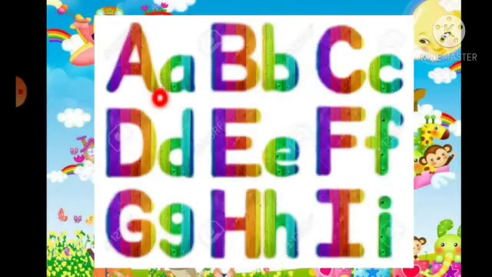That is capital letters and small letters. In the previous classes, we have already learned about A, B, C, D, E, F, G, H and I. And today we are going to learn a new letter J.